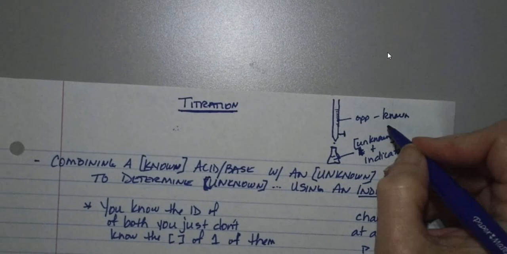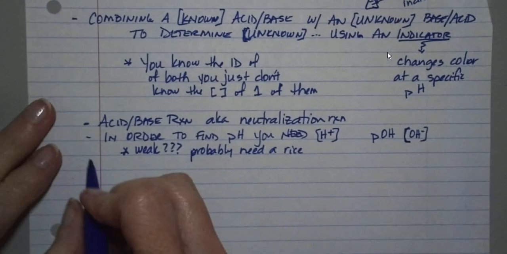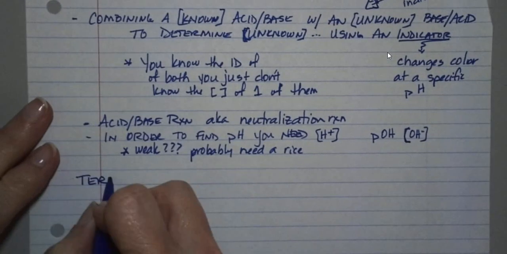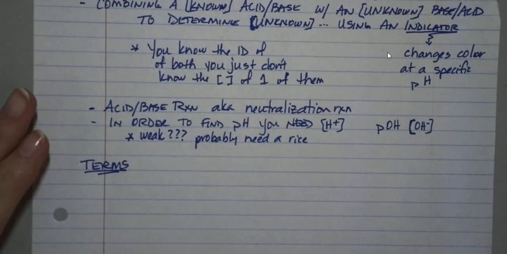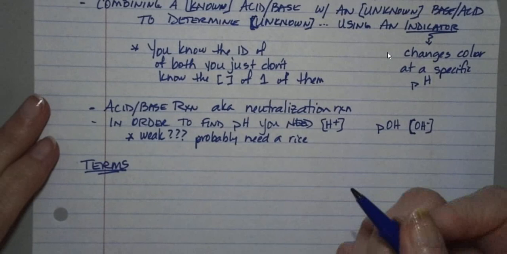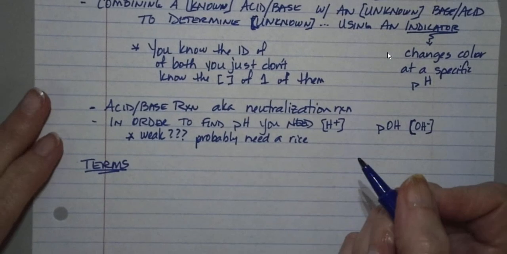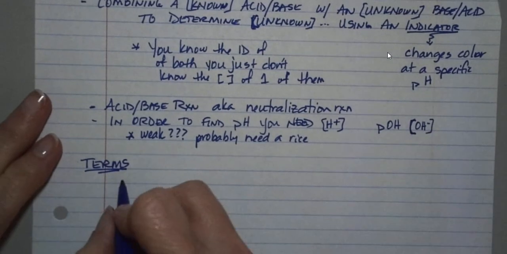So when we do titrations, there are some terms that you need to know that are really important. These are terms that they'll talk to you about, and they'll ask you, what's the equivalence point? What's the half equivalence point? Some weird stuff like that. So the first one is equivalence point, if I can spell it.